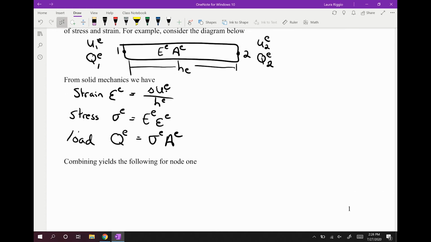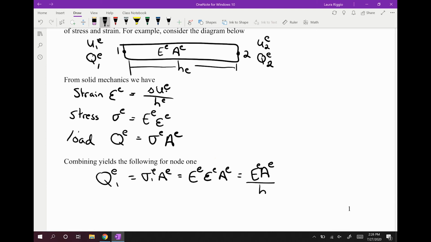If we combine all of these equations together, we get that our load is equal to our stress times our cross-sectional area, which is our modulus times our strain times our cross-sectional area, which is our modulus of elasticity times our cross-sectional area divided by our initial length times the relative displacements between the 2 ends of our rod.